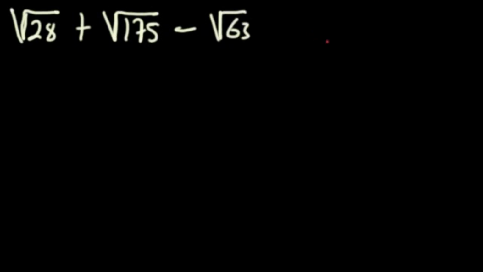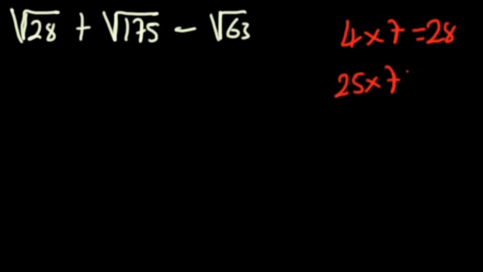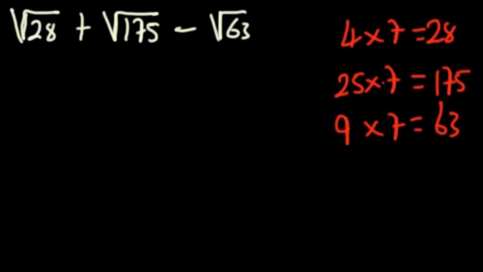It turns out that 4 times 7 is 28, 25 times 7 as well is 175, while 7 times 9 or 9 times 7 is 63.